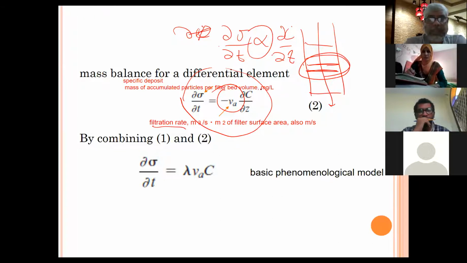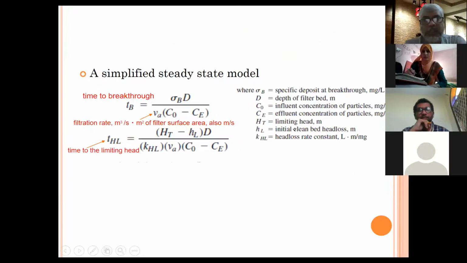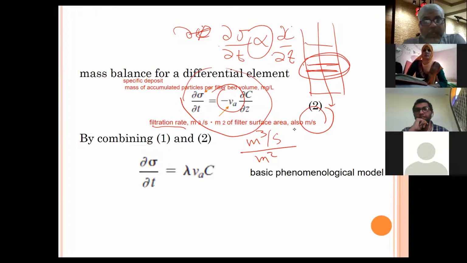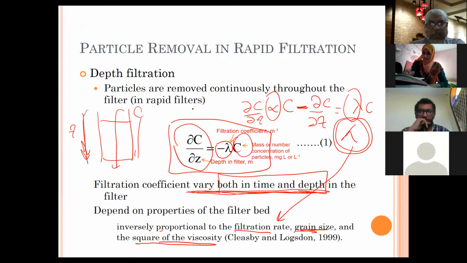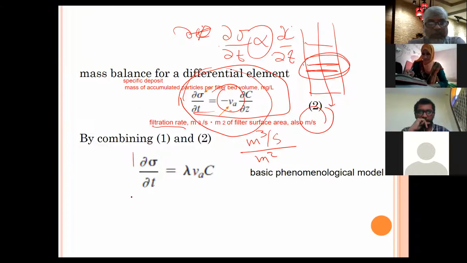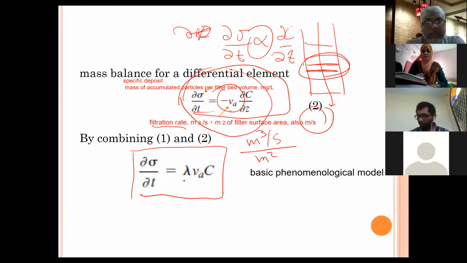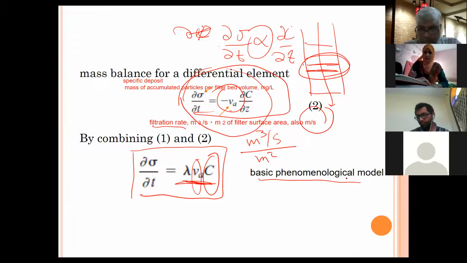This filtration rate is, as you know, meter cubed per second per meter squared of surface area, so we can also measure it in meters per second. We can combine this equation and the previous equation, and write the change in accumulated particle mass with time in terms of lambda, filtration rate, and concentration. This is the basic phenomenological or macroscopic model.